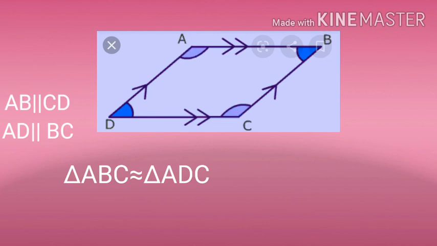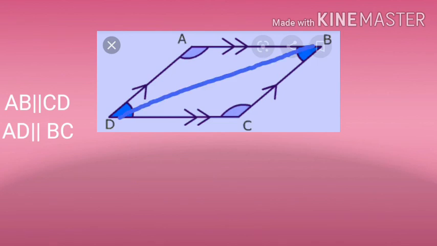At the same time, if you take the diagonal BD, then also we get two congruent triangles in the parallelogram. That means triangle ABD is congruent to triangle BCD. Clear? So these are the properties of a parallelogram.